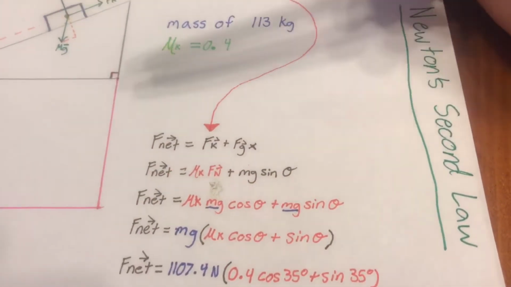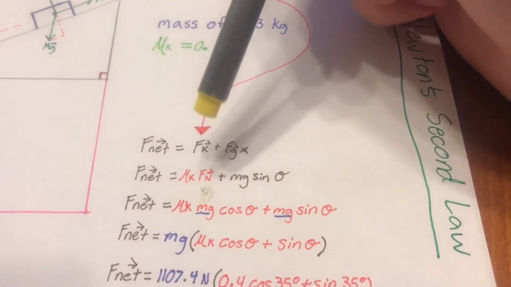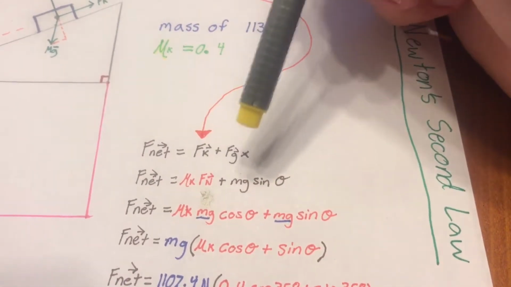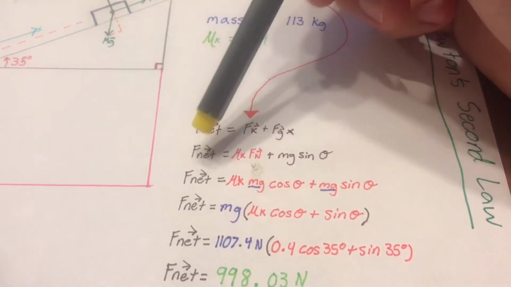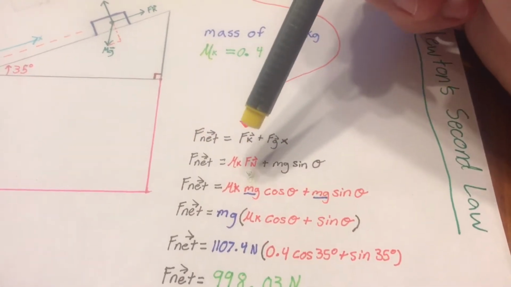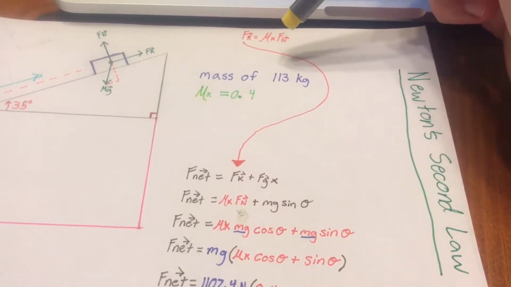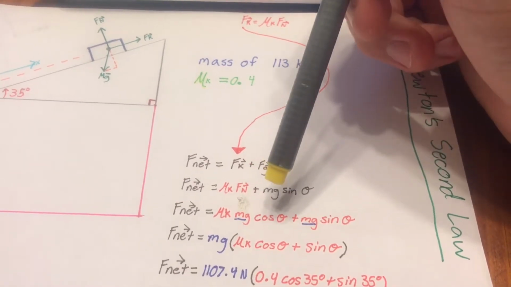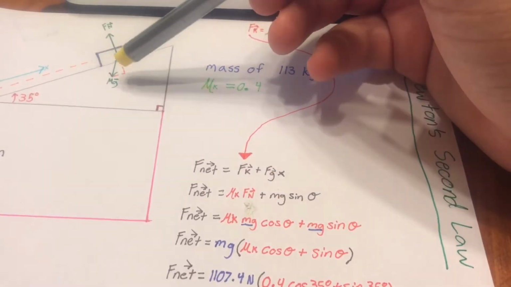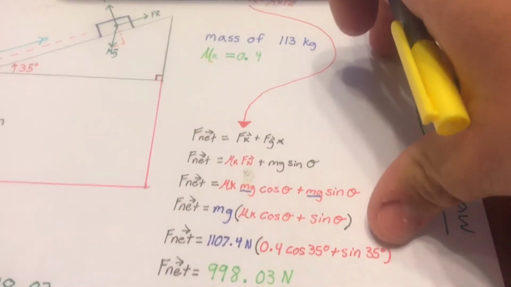So I wrote F net equals the force of kinetic friction plus the force of gravity in the x direction. Then I substituted the force of kinetic friction with the coefficient of kinetic friction times the normal force. And then I add mass times gravity sine theta, because that's for the x direction.